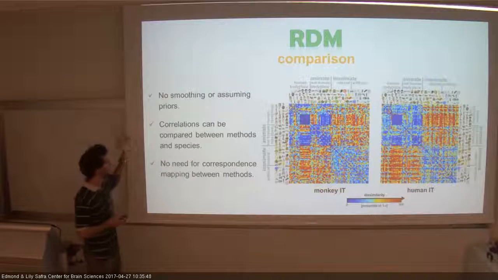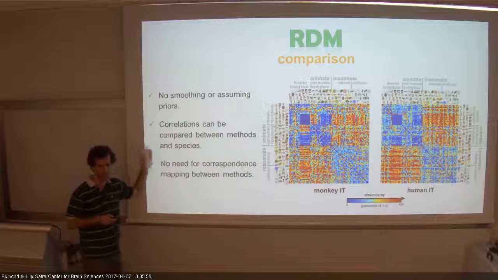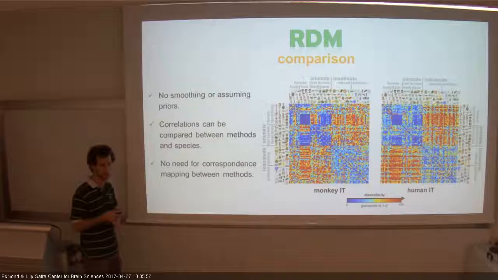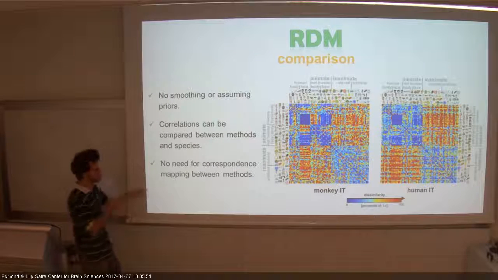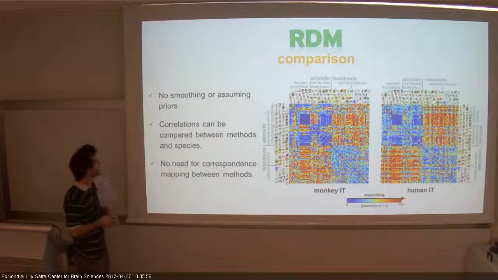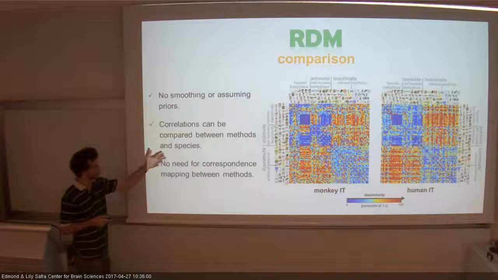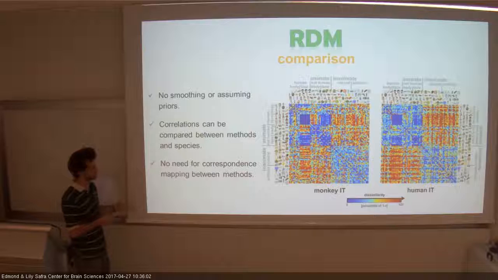There was no hidden smoothing or assuming priors, which they many times use when they want to show clusters, where they smooth everything out. Also, the correlations could be compared between the two methods and the species, and even with a computer simulation or anything, as we said before.